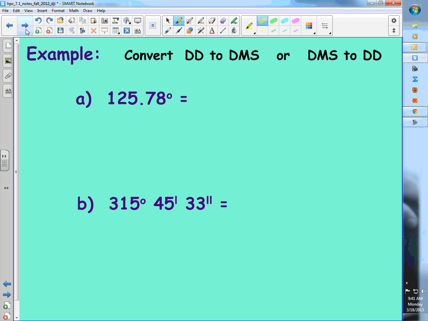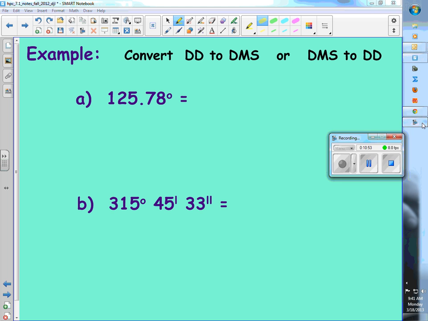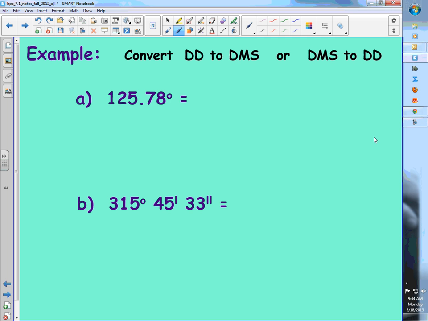See if you can convert these two. This one to degrees, minutes, seconds. This one to decimal degrees. So A has to be 125 degrees. How many minutes? 46 minutes and 48 seconds. Anyone not clear on how to get that answer? Anyone need to see work for it?